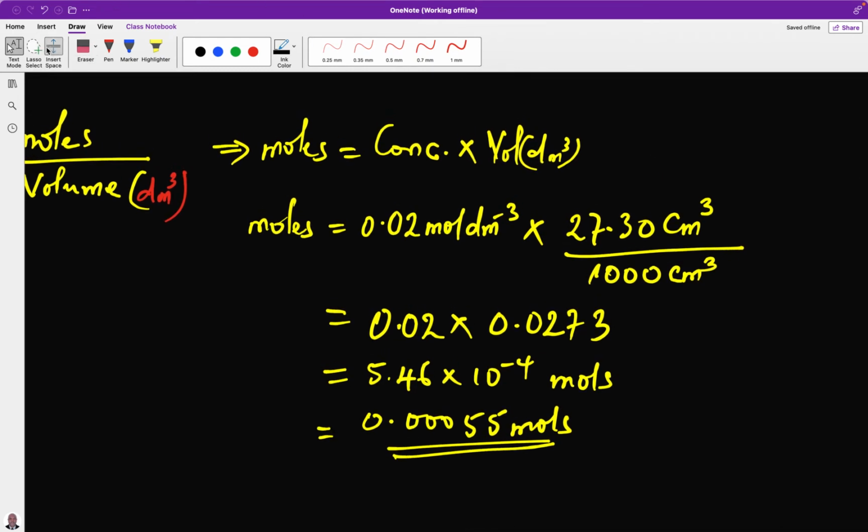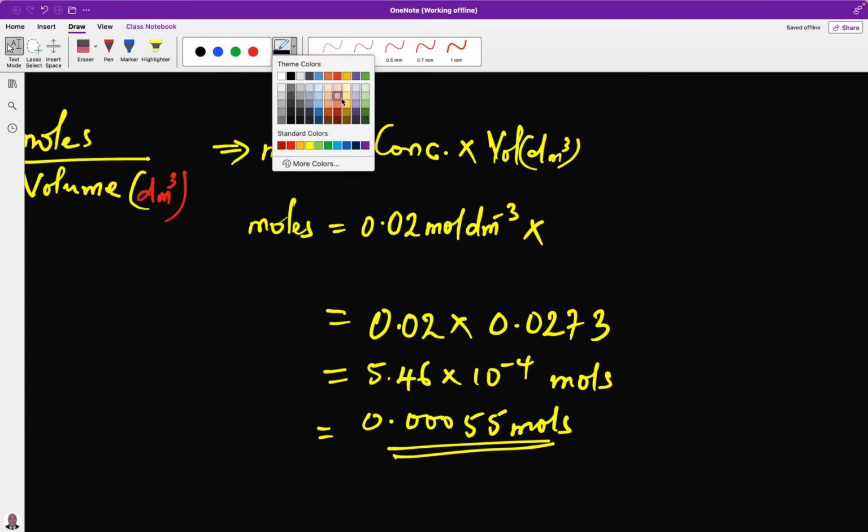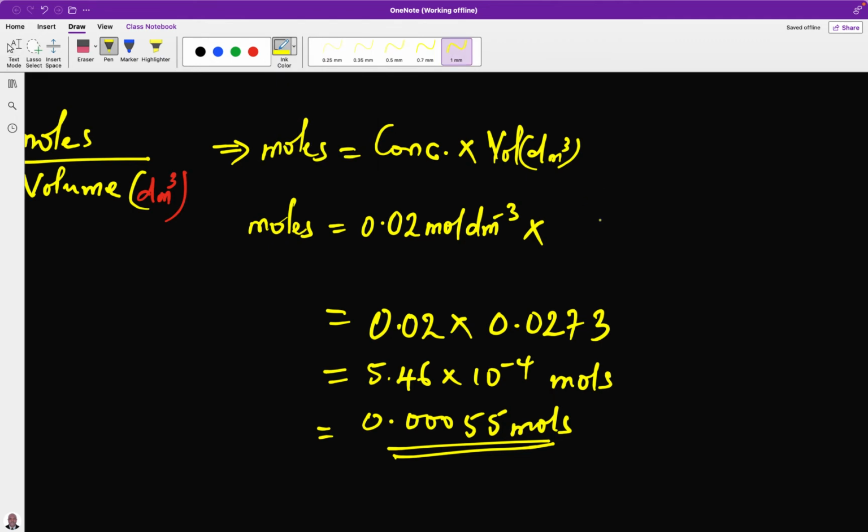If you are confused about it, this volume divided by 1,000 will give you 0.027 dm cube. And the dm cube will cancel the per dm cube.